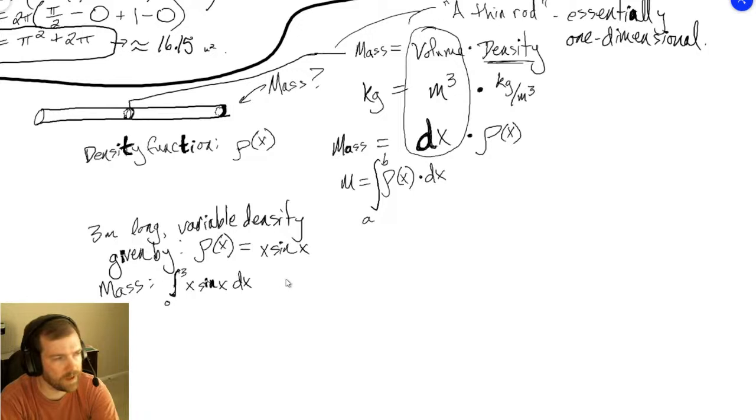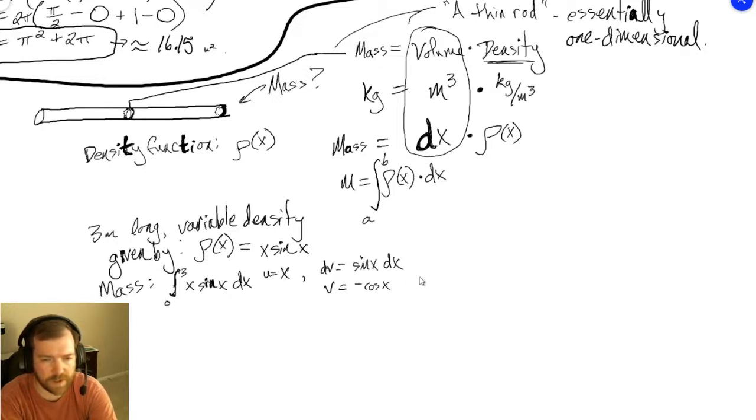So again, we have x is just going to be u, and dv is going to be sine of x dx. Therefore, v is the integral of sine of x dx, which is negative cosine of x, and du is just equal to dx.